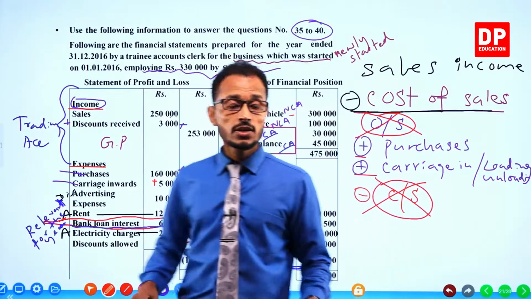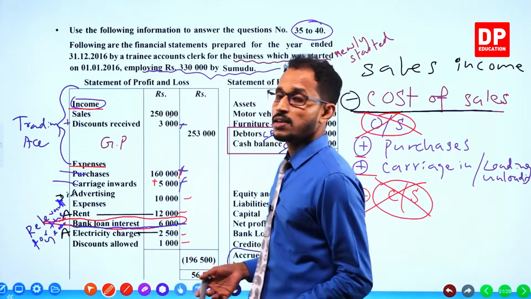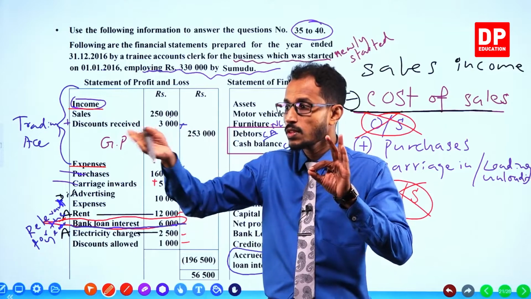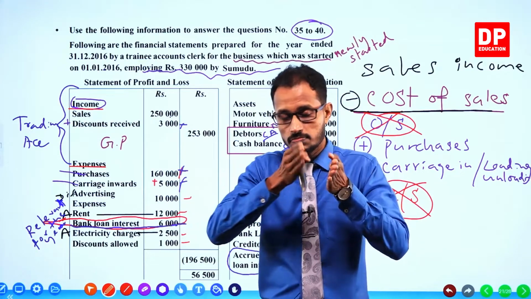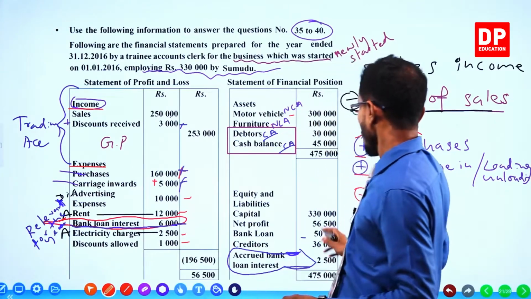Out of the 6,000, 2,500 is accrued, which means it is not paid.